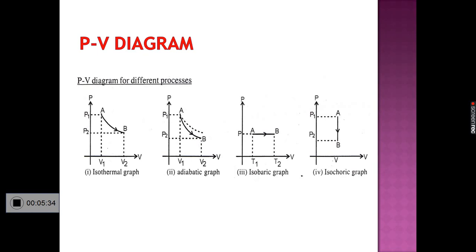Initially, the state of the system was represented by point A, where the pressure is P1 and the volume V1. Then the state changes to the point B in the graph, where the pressure is P2 and the volume is V2.